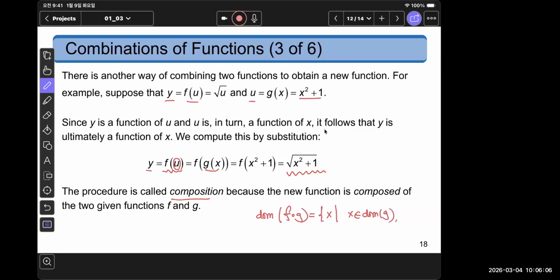But in addition, the resulting value g of x must be in the domain of f so that f of that value can be well defined. So g of x must be included in the domain of f. So that will be the domain of the composite function.